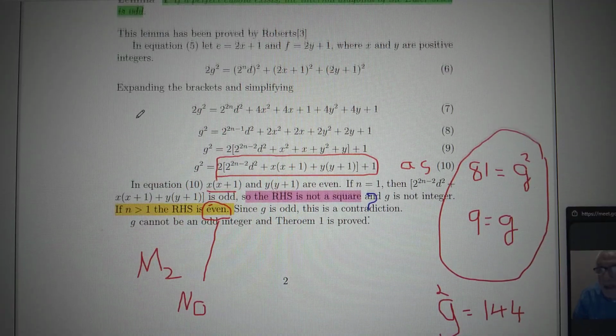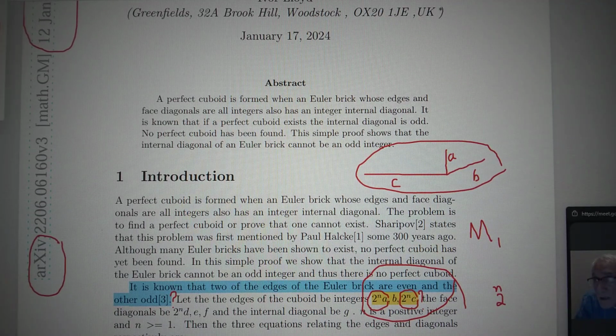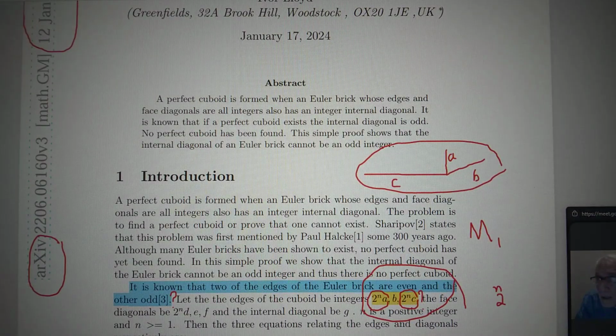Now I am blaming who? Let me highlight, arXiv. I don't know how to read that, arXiv or arXiv. Okay, this one. Oh, why? Cancel. I need to highlight this.